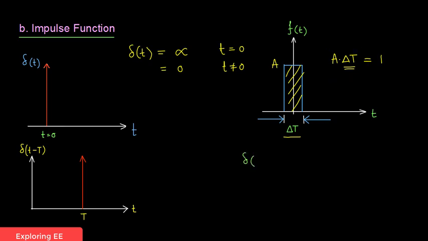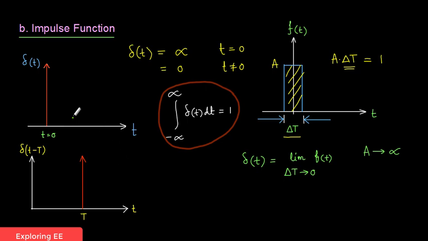The impulse function delta t can be obtained from this pulse function of unit area by taking the limit of pulse width tending to 0. As pulse width delta t tends to 0, the amplitude of this pulse tends to infinity. Another property of delta t is the integral from minus infinity to plus infinity of delta t dt equals 1.